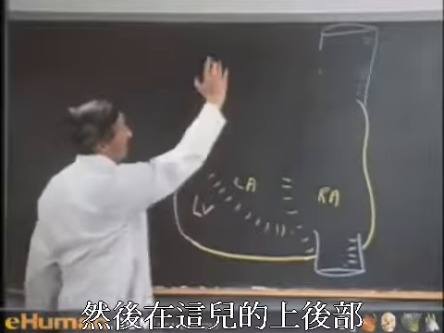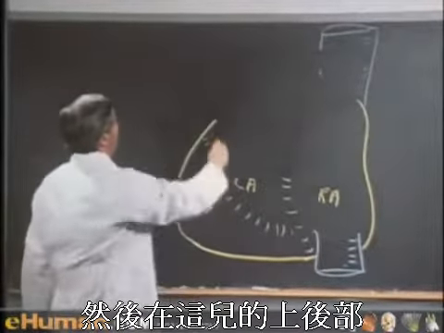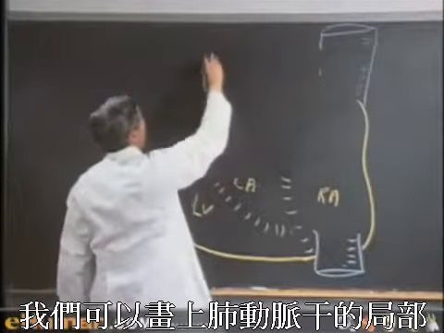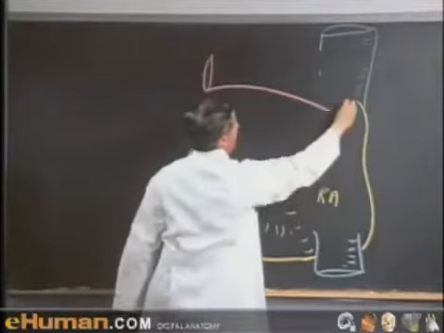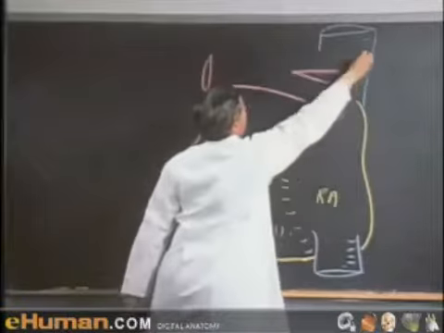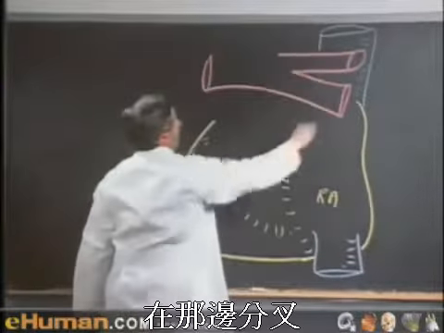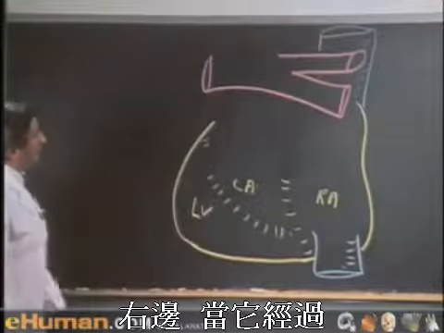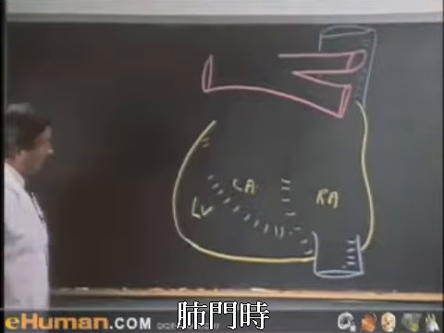And then up in the posterior aspect here, we can show a part of the pulmonary trunk, bifurcating on the right side as it's passing over towards the hilum of the lung.